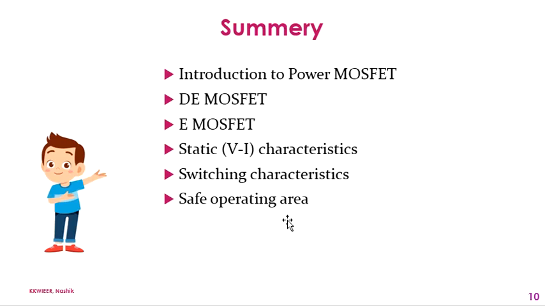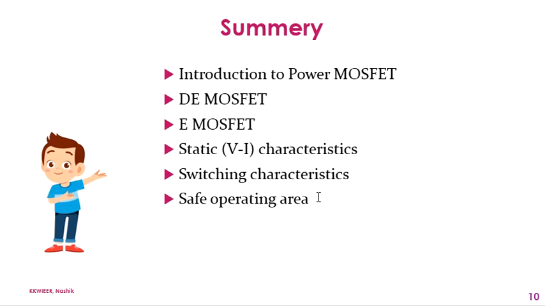So in today's lecture, we have seen what the power MOSFET is, what the two different types D and E MOSFETs are, their construction, operation, then the static characteristics or VI characteristics of the power MOSFET. There are two types, if you remember. First is the transfer characteristics, input voltage versus output current, and another is the output characteristics, output voltage versus output current.